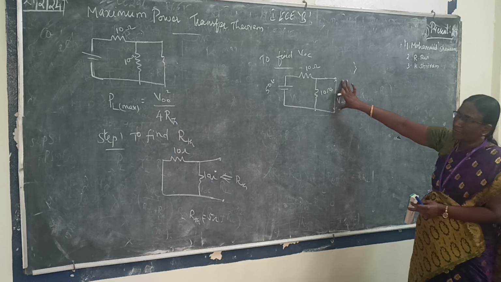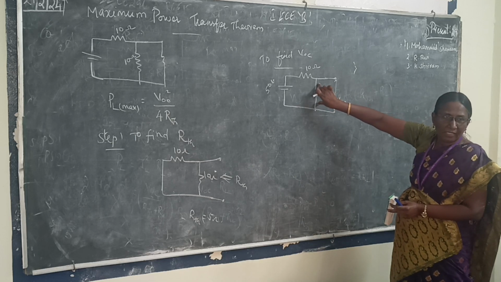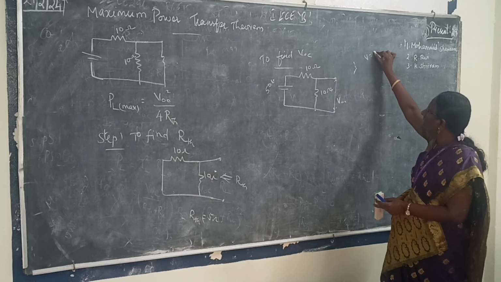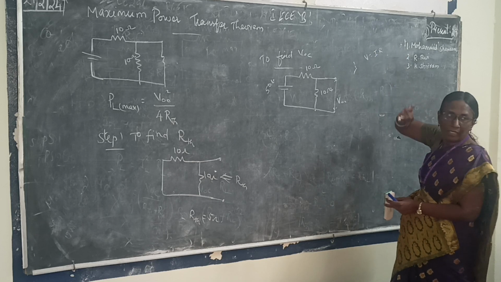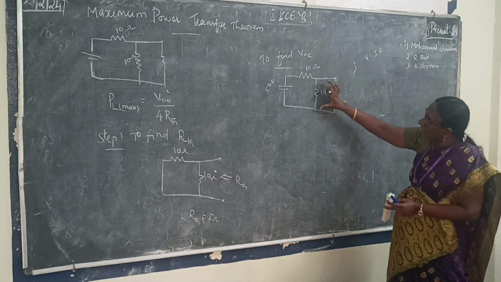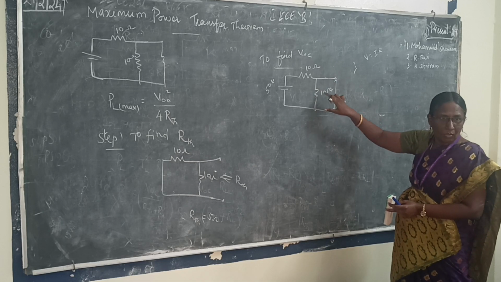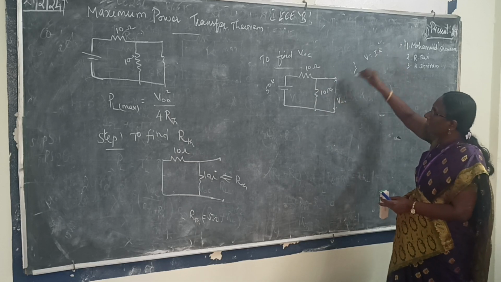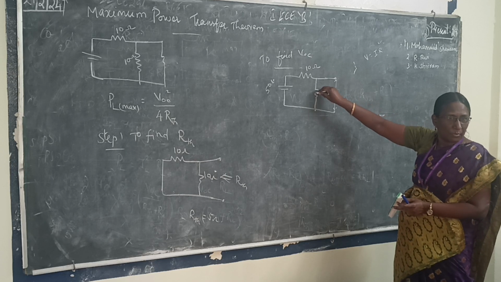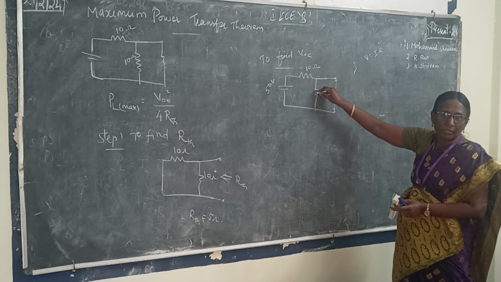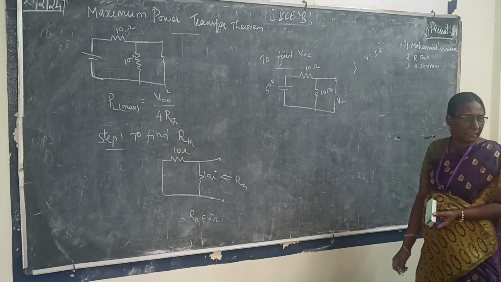For the voltage across the 10 ohm resistor, what should we write? V is equal to I into R. To find the voltage across this point, there is a resistance here. Once we know the current, we can find VOC, right? We have to find the current. Now how can we find the current? How do we find current?